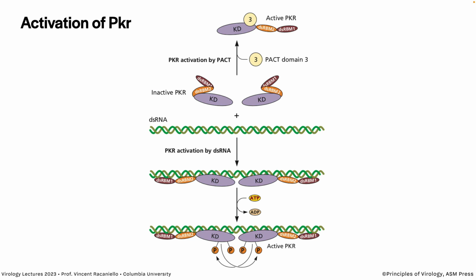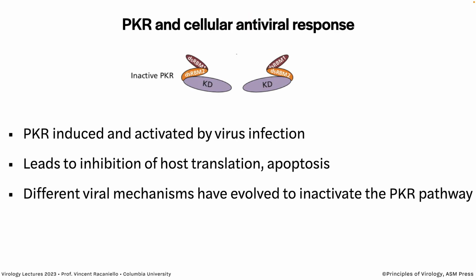And then that makes them active so that they can go off and phosphorylate EIF2 alpha. So the idea is you have double-stranded RNA, multiple PKR molecules are binding double-stranded RNA. They are phosphorylating each other to activate each other, and then they go off to phosphorylate EIF2 alpha. So that's how the activation works by double-stranded RNA.